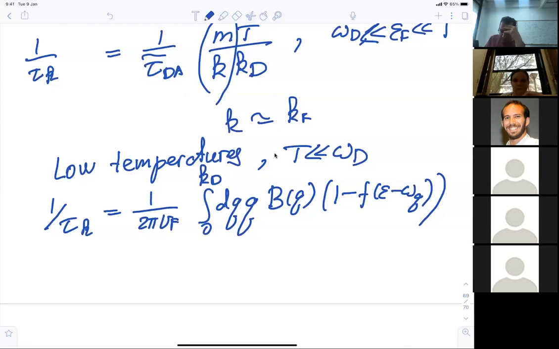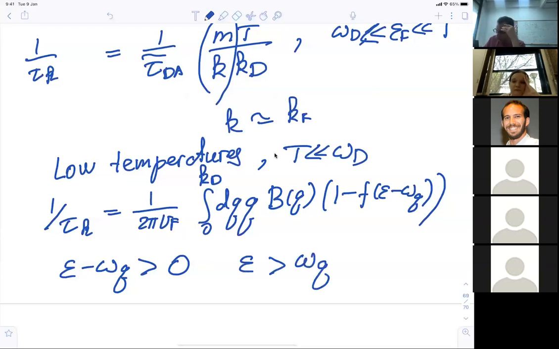The only contribution to this integral requires that epsilon minus omega q needs to be positive, otherwise this integral is 0. So epsilon needs to be larger than omega q. That's the condition, that's the limit of the integration over q, where this thing is not 0.